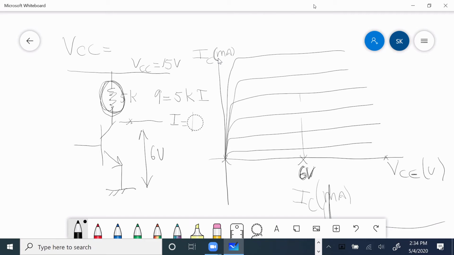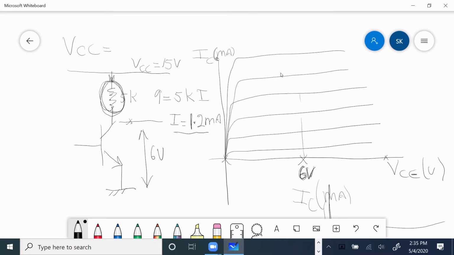Actually, 1.2, is it? 1.2 milliamp. Right. So the IC current, this is IC. The current that flows here has to be 1.2 milliamp.